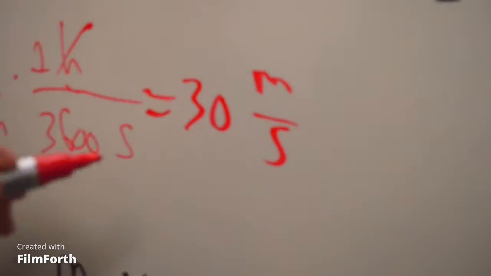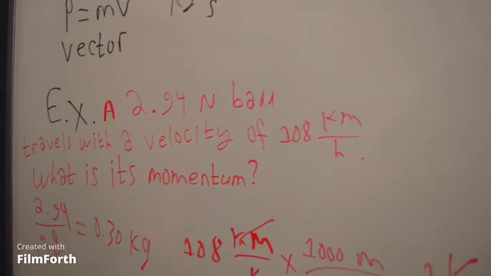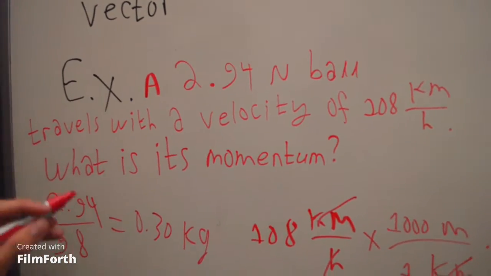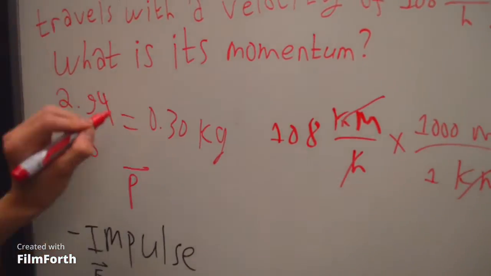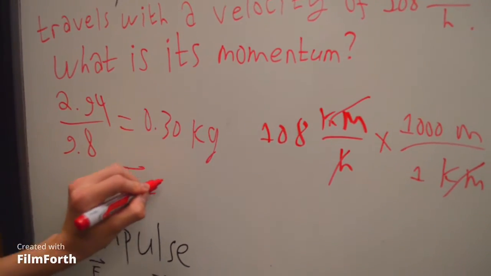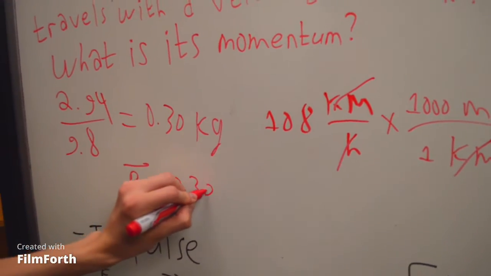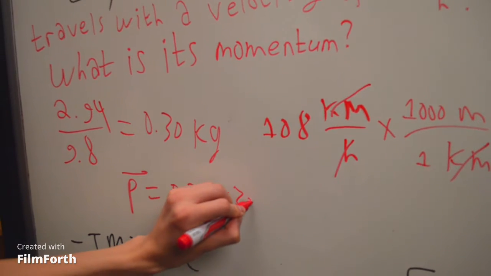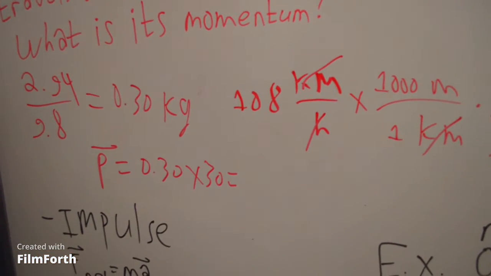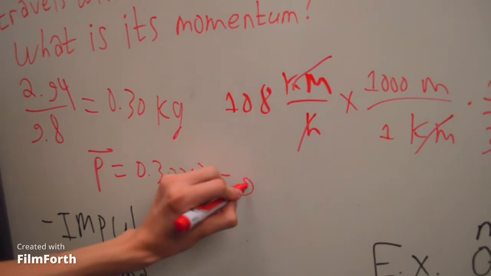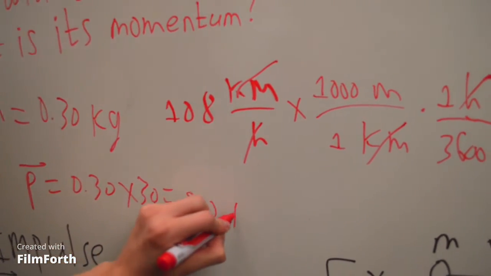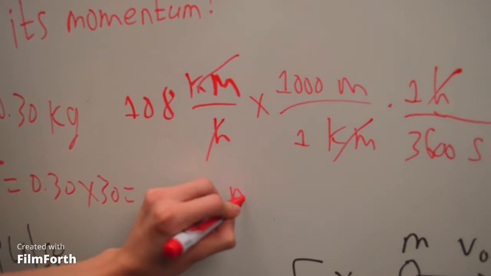So now that we have all the right numbers, let's figure out what the momentum is. Recall that momentum is mass times velocity, so it'll be 0.30 kg multiplied by 30 meters per second. Therefore, we get 9.0 kg meters per second.